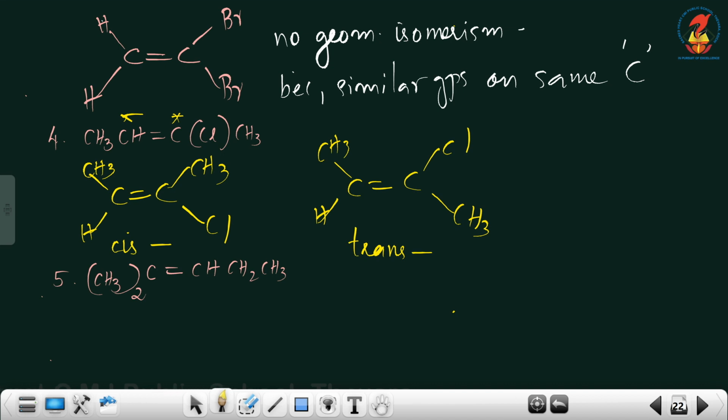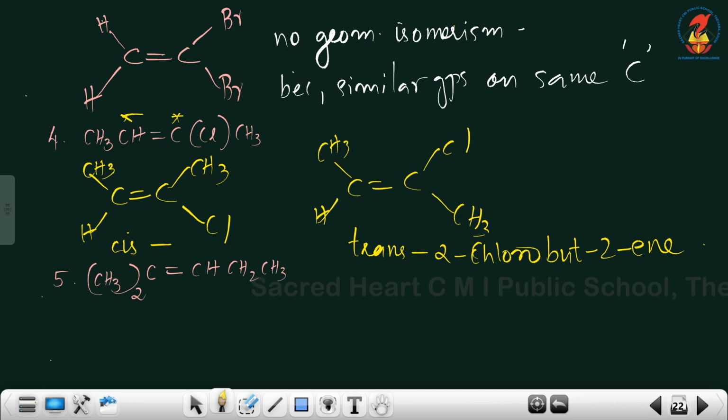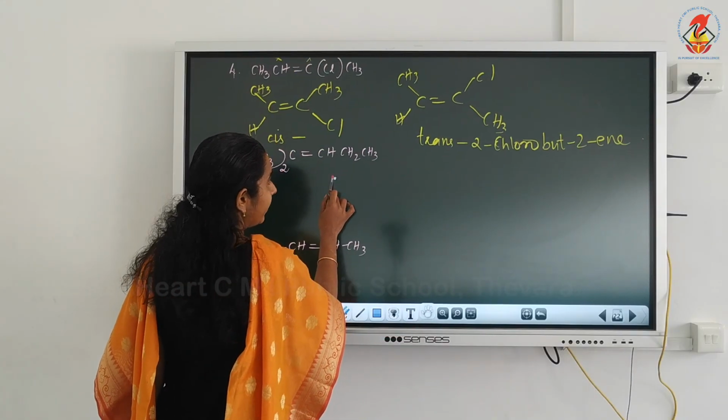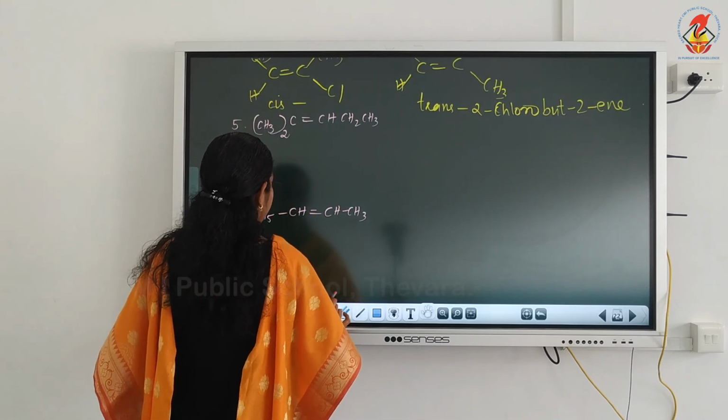So this is the trans isomer and the compound name is trans 3,4 trans 2-chloro, C should be capital, 2E. Similarly, you have to write after this, write the complete name of the compound.